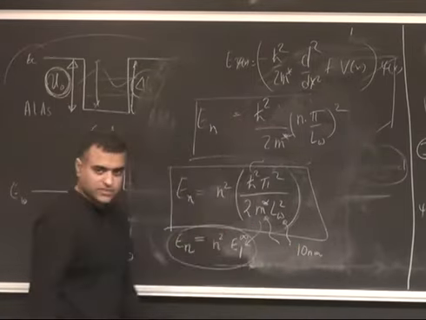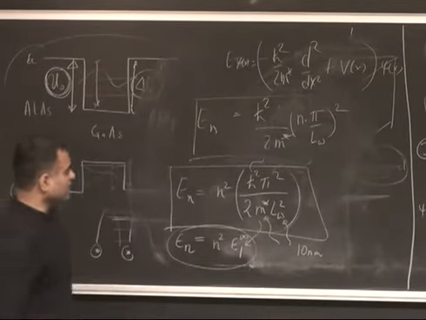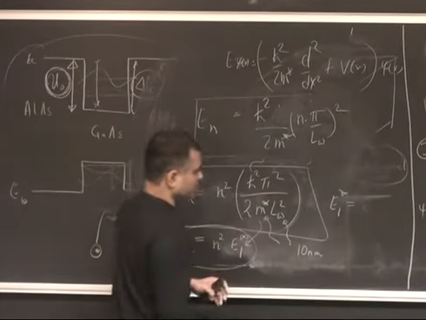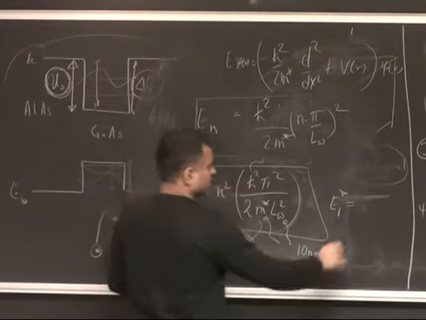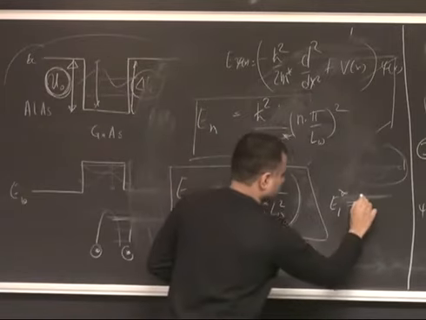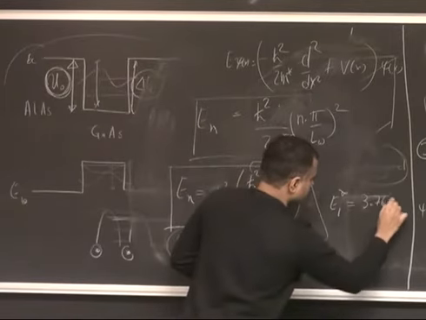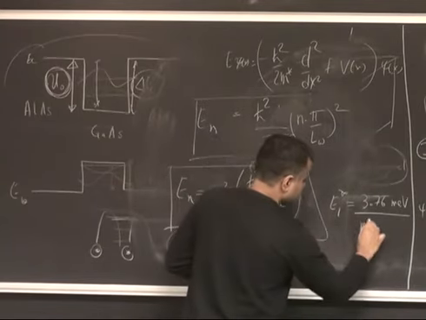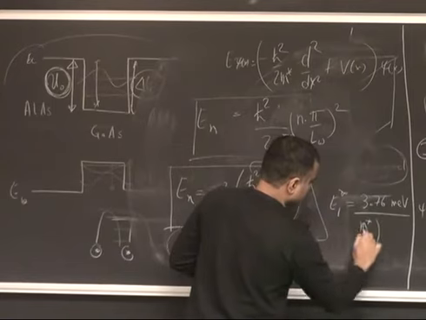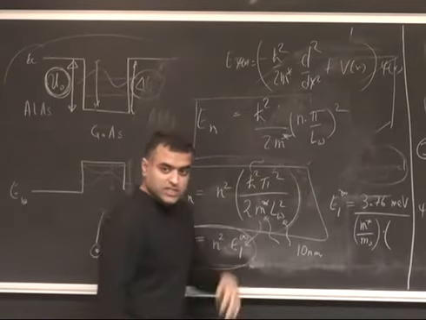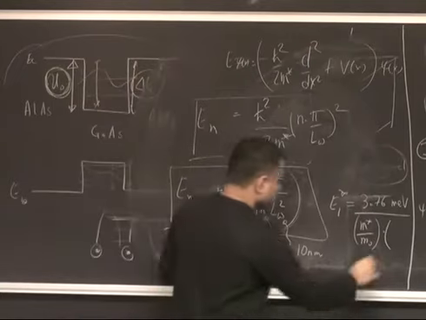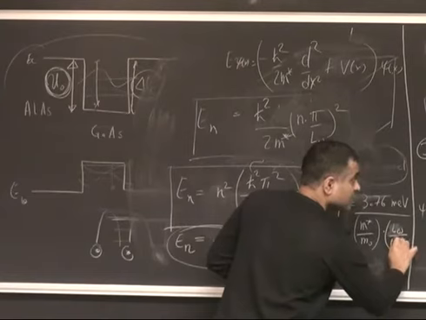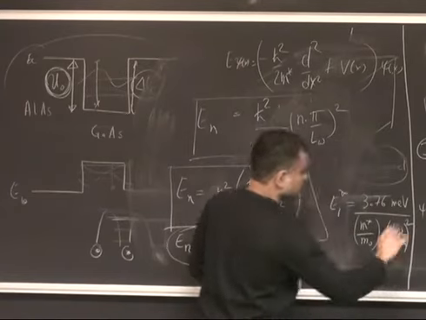If you plug in all the values, what you get is E1 infinite equals 3.76 milli electron volts divided by the effective mass over the free electron mass, so it's all dimensionless now, times the width over 10 nanometers, whole squared.